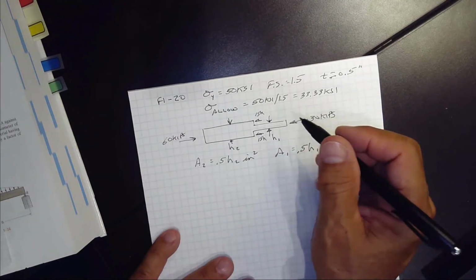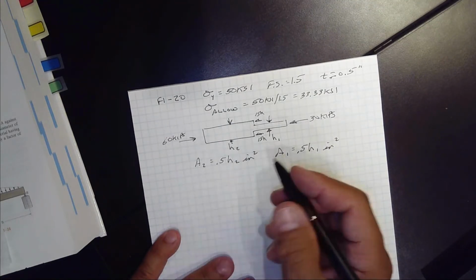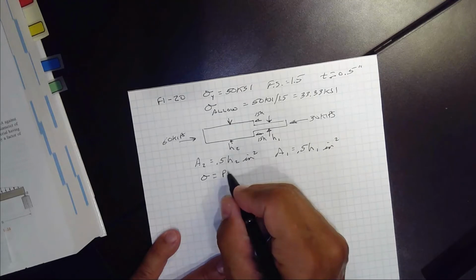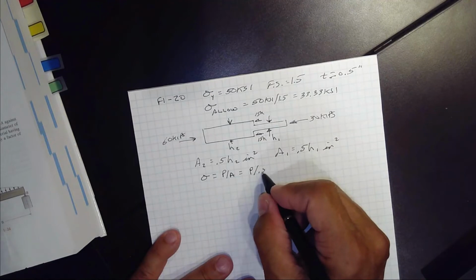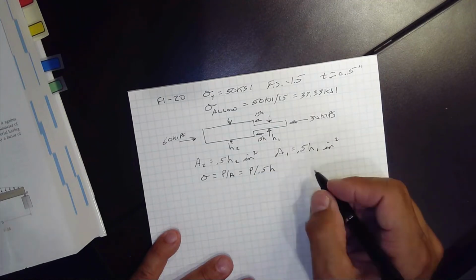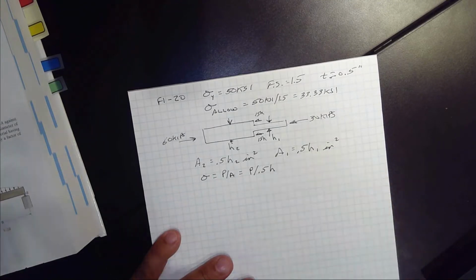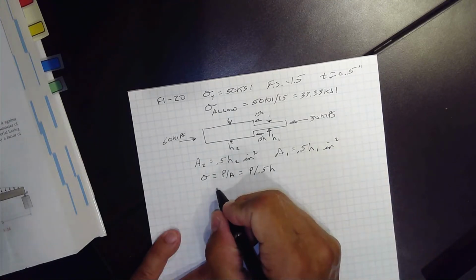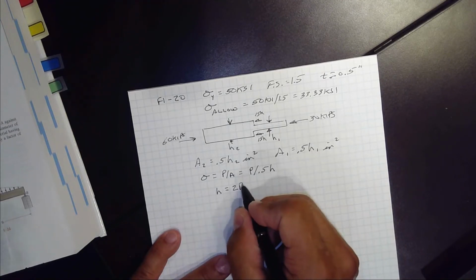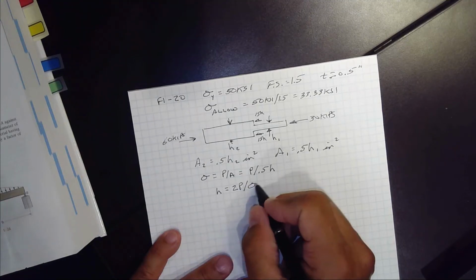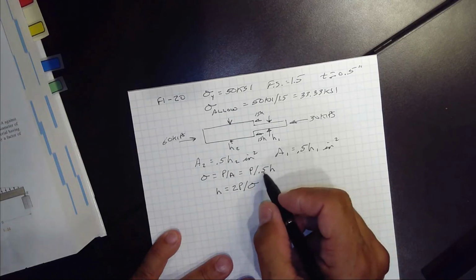So to calculate the area, we're going to say stress is equal to P over A, which is equal to P over 0.5 H, whether it's H1 or H2. And then we're just going to multiply by H. So we're going to say that H is equal to 2P over sigma. That's it, because 1/2, put the 2 up top.